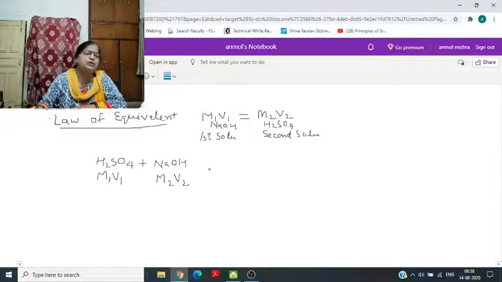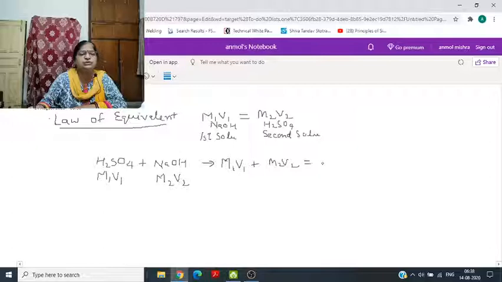So we can calculate by the formula M1 V1 plus M2 V2 is equal to M into V1 plus V2.